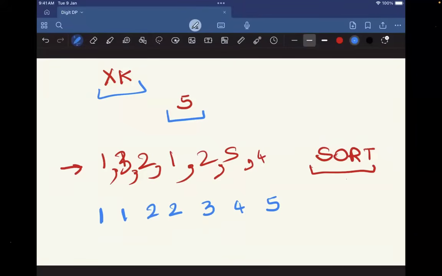If I know which monsters I can kill, which one would I choose, guys? The one with the maximum health, right? Because after killing this monster, my health remains the maximum. Yes or no? My health becomes 4, which is maximum among all. So I kill this monster and my health becomes 4.